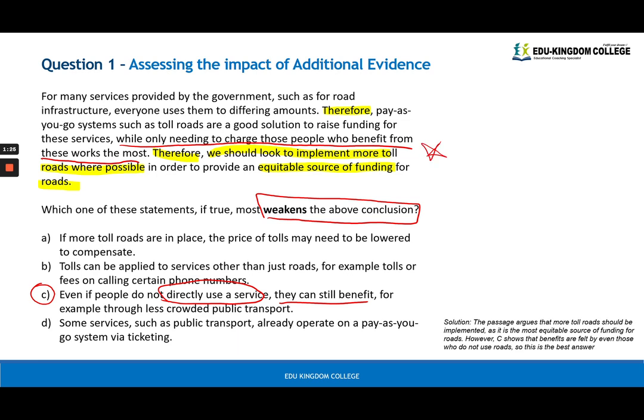That's talking about toll roads and how they are actually better because we're charging people who use them. But there is a directly contradicting piece of evidence that benefits are felt by people who don't use roads, or toll roads in general. So that's why C is the best answer. It weakens the conclusion by providing a counter piece of evidence.